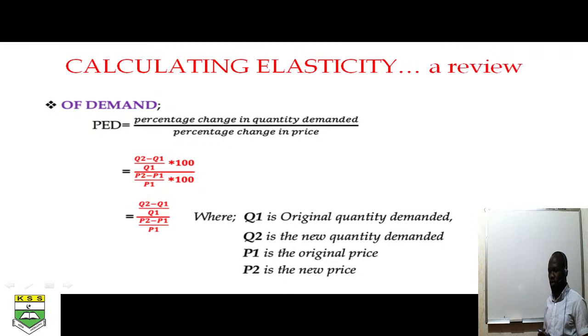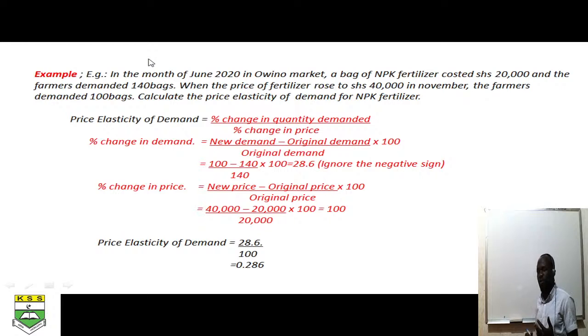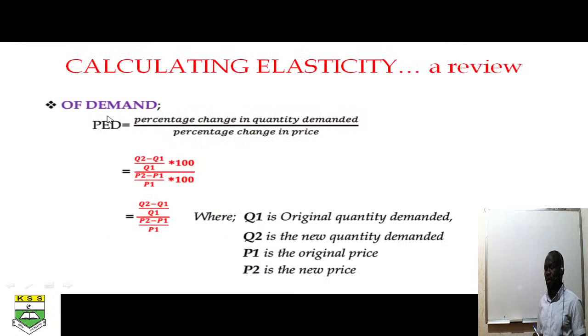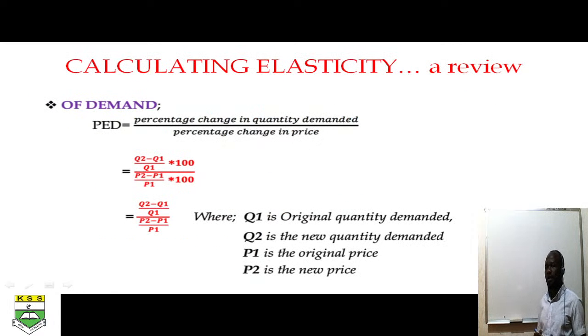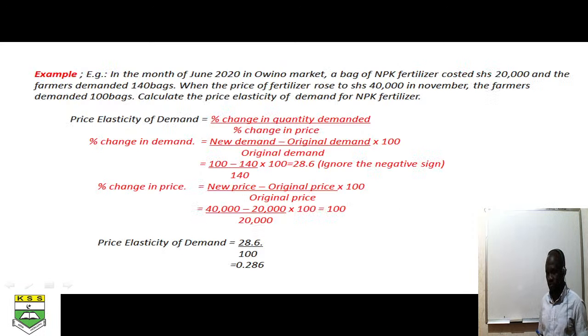So when you see on your screen there, PED represents price elasticity of demand. And when we said we calculate the price elasticity of demand, we calculate it by taking the percentage change in the quantity demanded, then we divide all that by the percentage change in price.